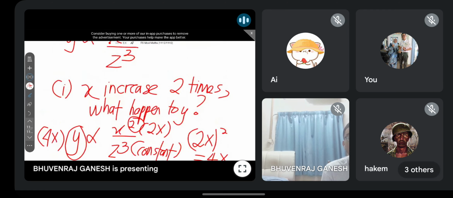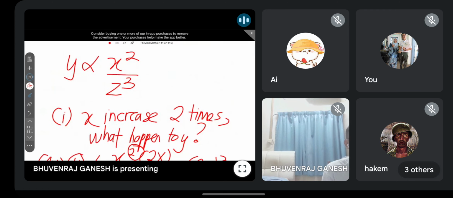What happened to Y? Nilai Z berkurang 3 kali. So apa jadi pada nilai Y? Can anyone tell the answer? Assume X is constant. Nilai X dia tak berubah. So what is it? Apa jadi pada nilai Y? If Z decreases 3 times.